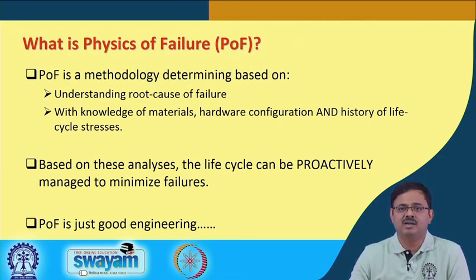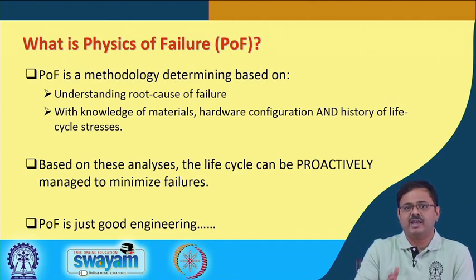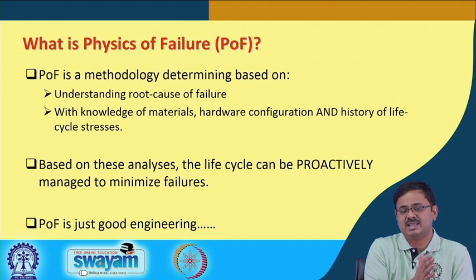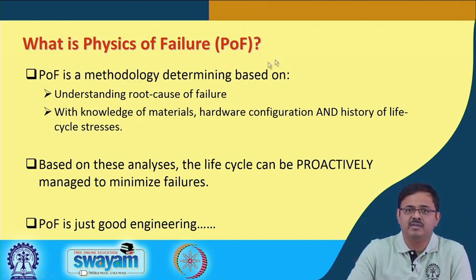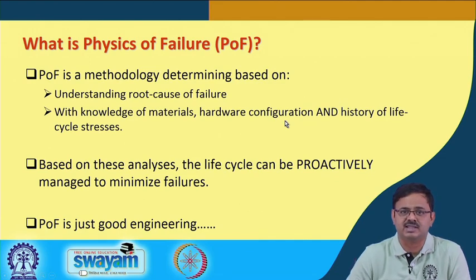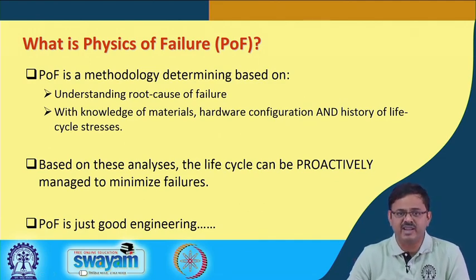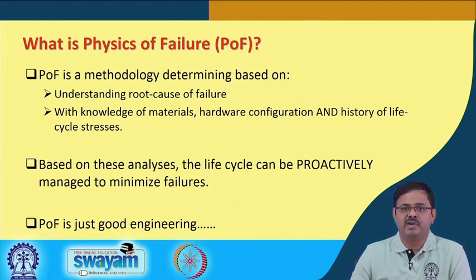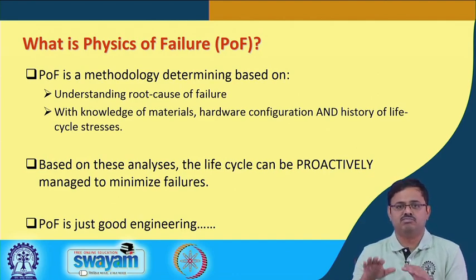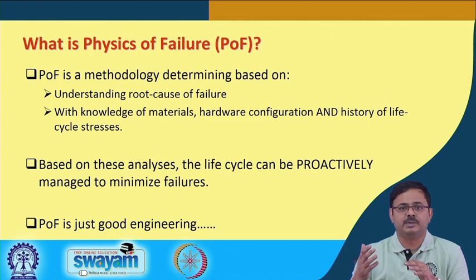Now, if somebody has to predict the life, he needs to know what this car has been subjected to before that. That is what I mean when I say history of life cycle stresses. I may be a very aggressive driver, my friend may be driving mostly in third and fourth gear, optimally between 40 and 60 kilometers per hour.